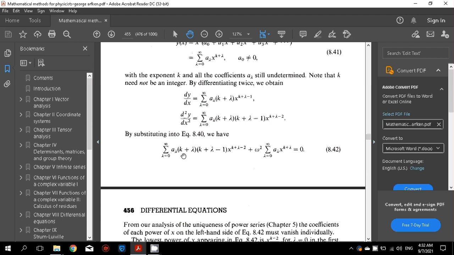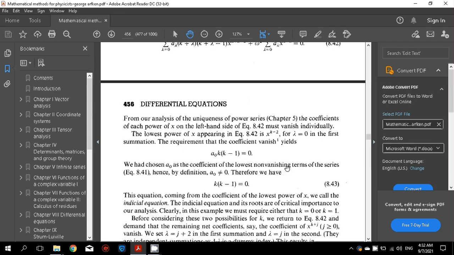So the coefficient of the minimum power of x is a naught k into k minus 1, and since x power k minus 2 is not present in the second term, we take the coefficient 0 from the contribution of the second term.